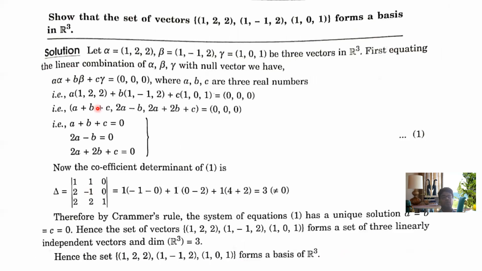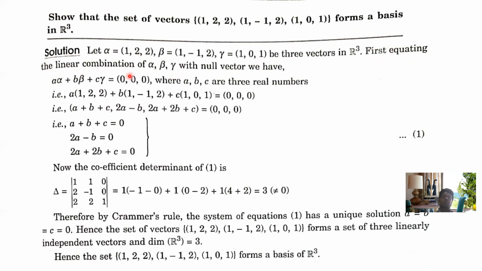Next question. In the same way, show that the set of vectors 1 2 2, 1 minus 1 2, 1 0 1 forms a basis of R cube. Let alpha 1 2 2, beta 1 minus 1 2, gamma 1 0 1 be the three vectors of R cube.